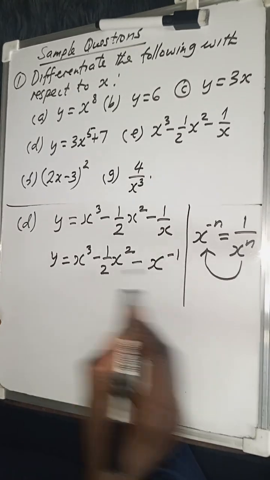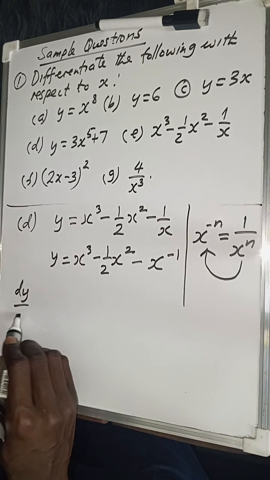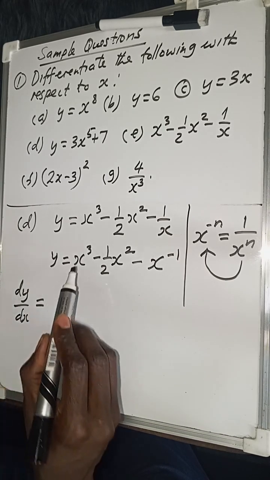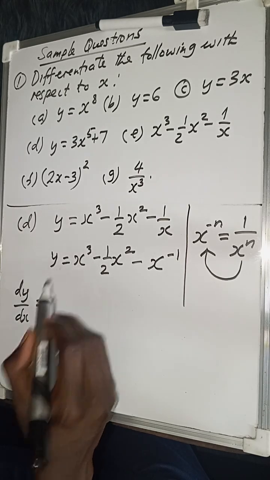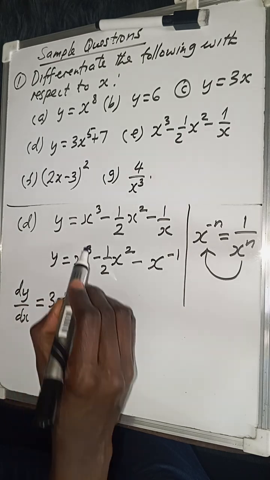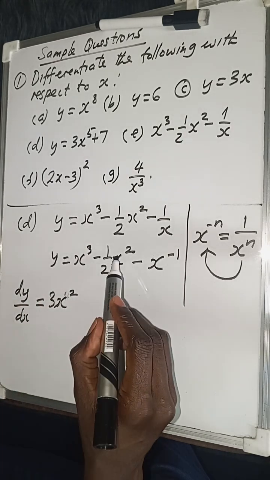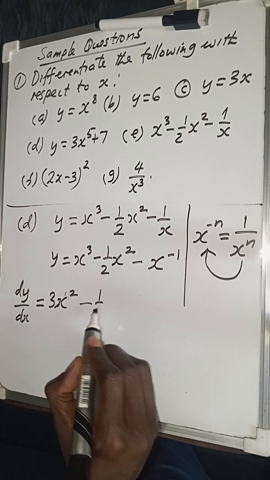Now once we do that, it's possible for us to find the derivative dy over dx. So how is that going to be? Well, it is going to be 3 times 1 will give us 3. Remember, the power reduces by 1, so that will give me a 2. Here, how is it going to be? It is 1 over 2.